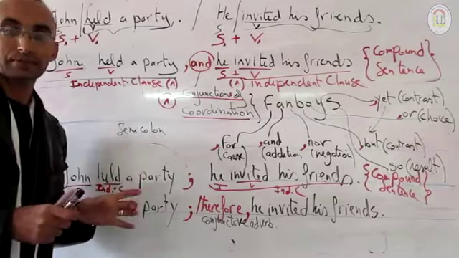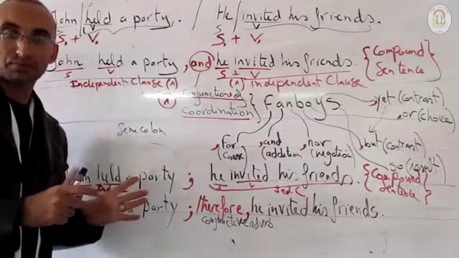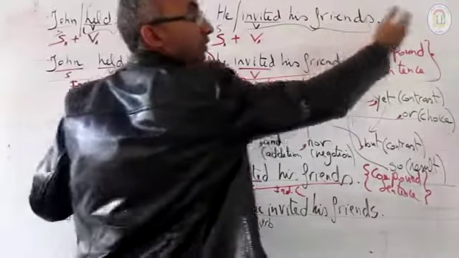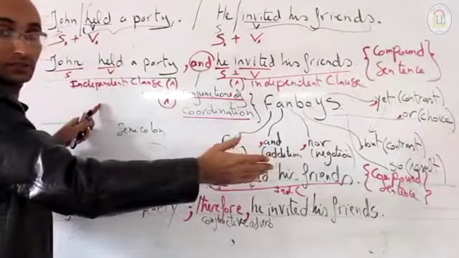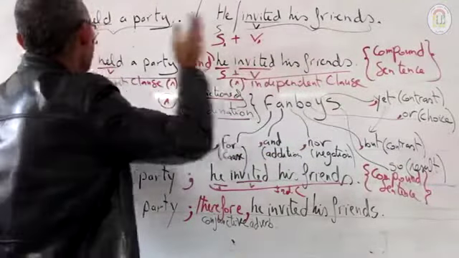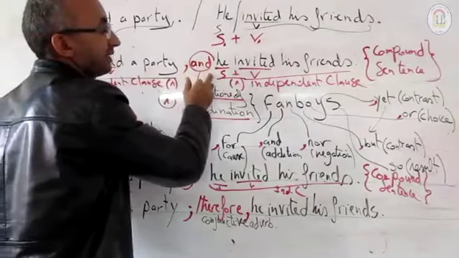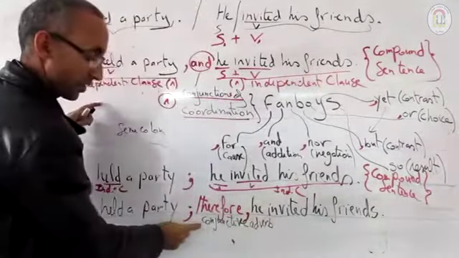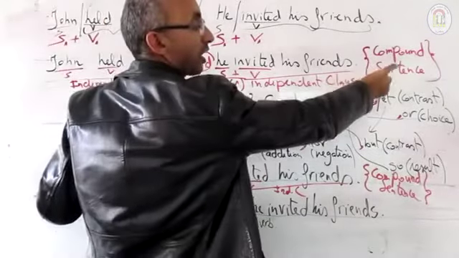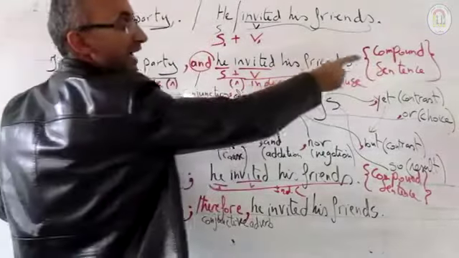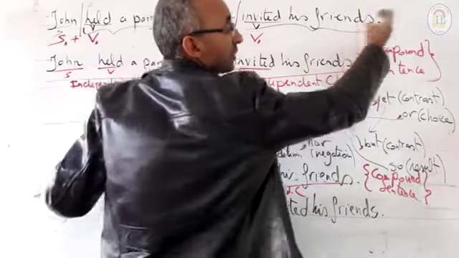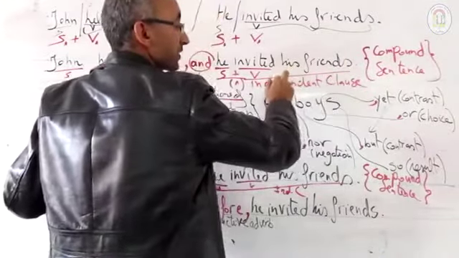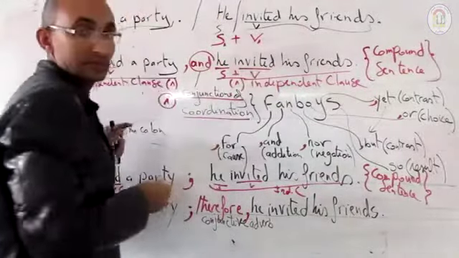The compound sentence consists of what? Two or even more. For example, I write, John had the party and he invited his friends; therefore, all of them came. Therefore here joins another, third independent clause to my previous part of the sentence. Clear?